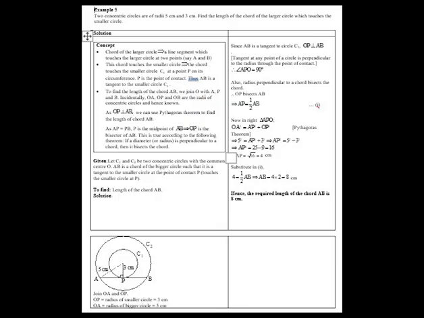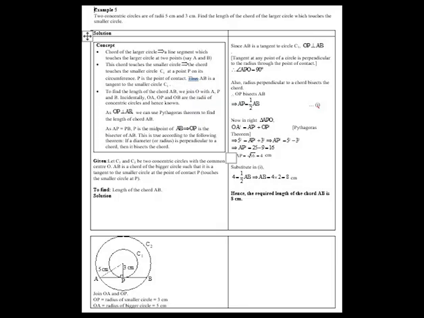Therefore, angle APO is equal to 90 degree. Also, radius perpendicular to a chord bisects the chord. Therefore, OP bisects AB. Implies AP is equal to half of AB. Mark this as equation 1.